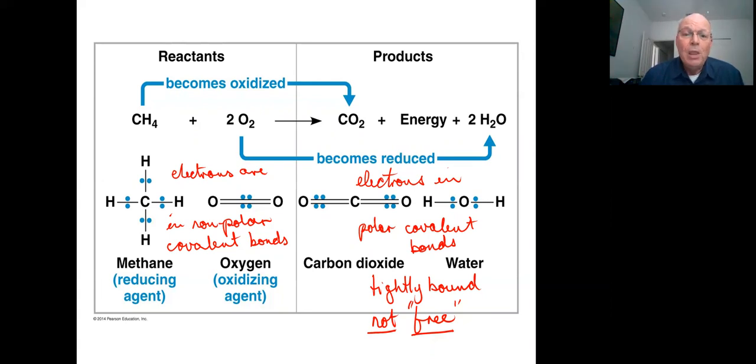Because as I said, we don't normally represent the physical movement of electrons when it comes to redox reactions that involve molecules, because there's not a physical transfer of electrons as we saw with the sodium and the chlorine. It's all about repositioning them from non-polar covalent bonds into polar covalent bonds.